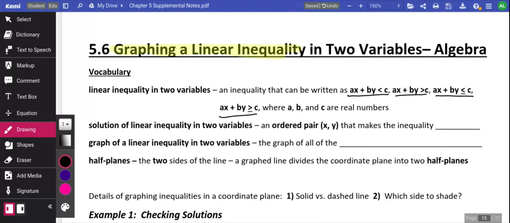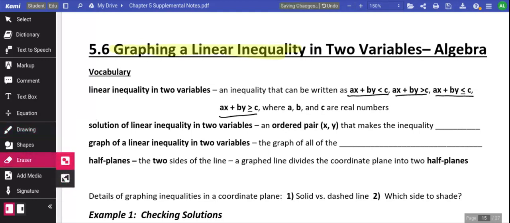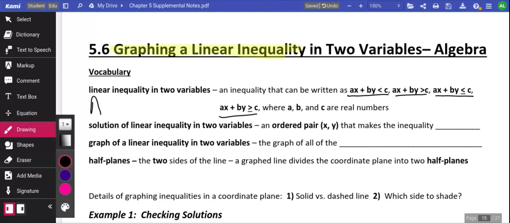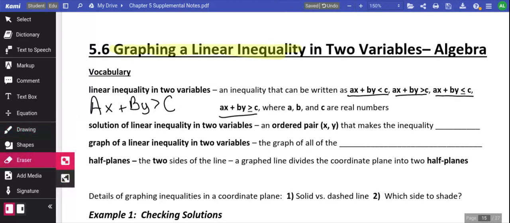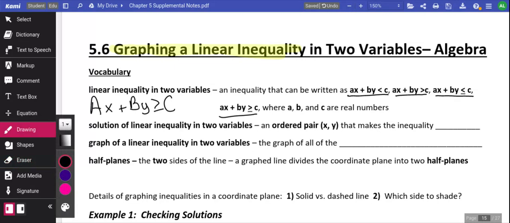So really think of it just like a regular linear equation. Let's use the numbers they're using. So ax plus by, normally with an equation we'd be equal to c, but now we can be greater than or equal to, less than, any combination right there.